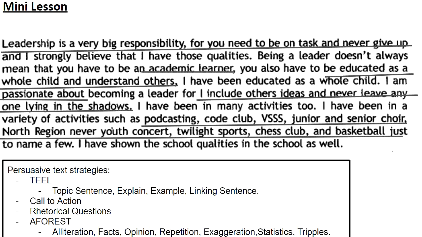For your task, you're going to be doing exactly the same thing with another application, where you'll read through it and use your brainstorm to see what persuasive text strategies are used in application writing. For a reflection, my wondering is: are there any persuasive strategies that are not included in application writing?